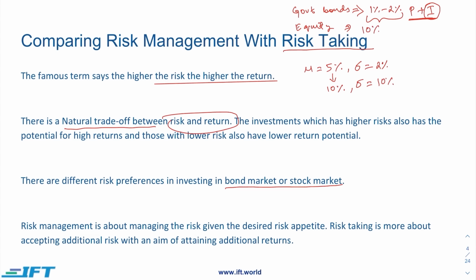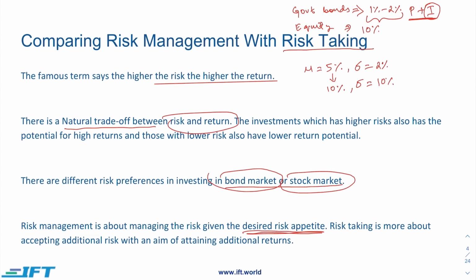So if you have a lower risk profile, if you are not willing to take that sort of risk, you can invest in the bond market. But if you want to take more returns, you can invest in the equity market. So basically, risk management is more about managing the risk given the desired risk appetite.